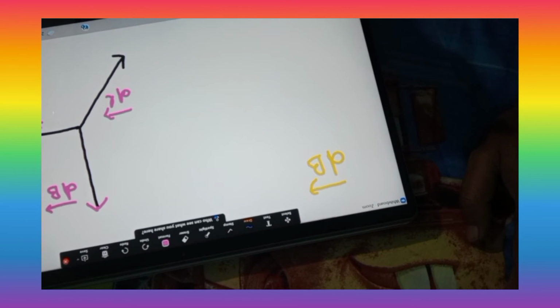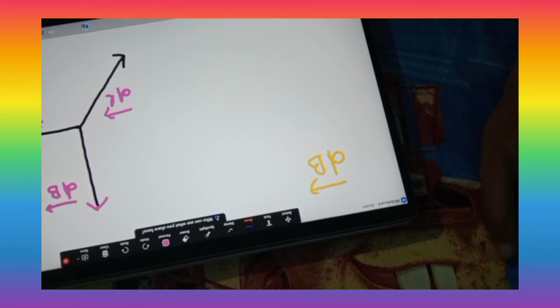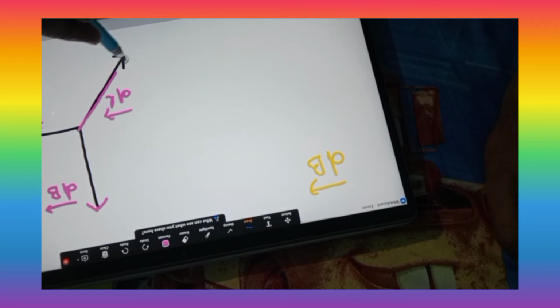Understand? So the direction of the magnetic field is the direction of the vector containing the vectors dl and displacement vector r. Yes or no?